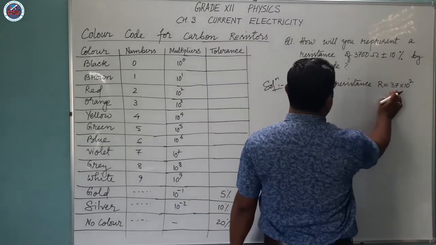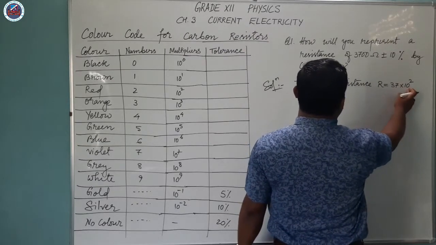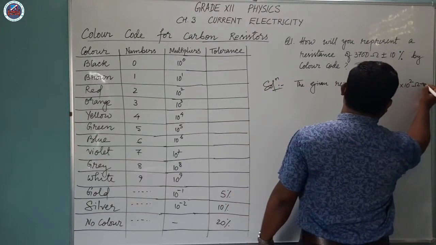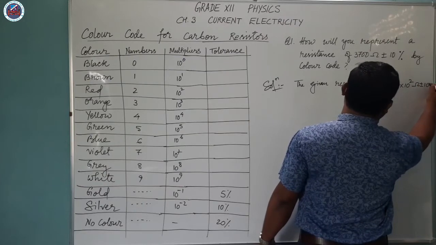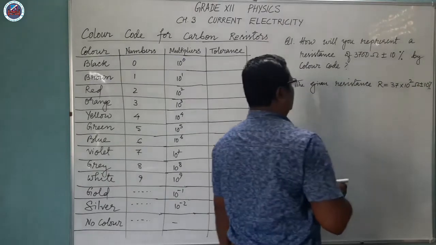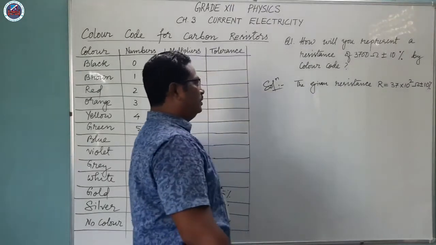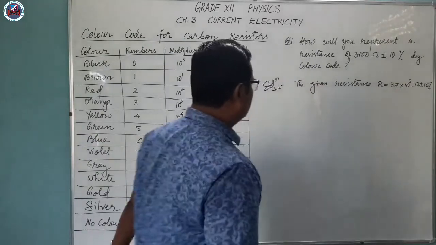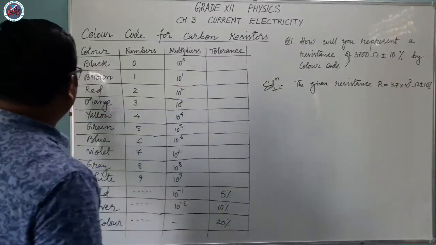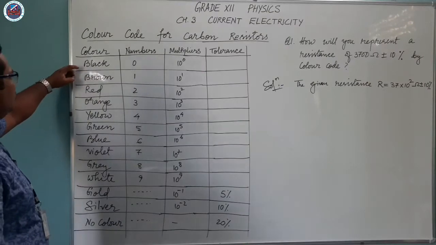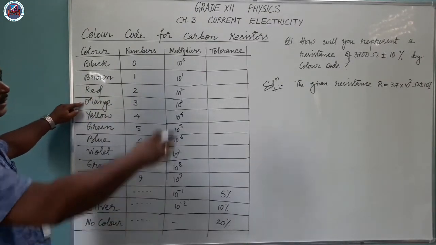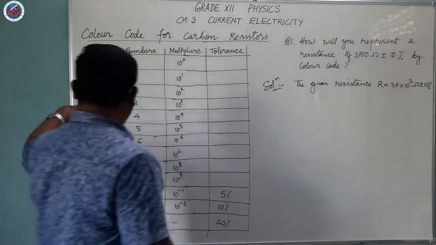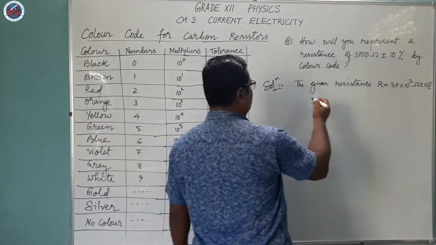Like this, first two digits you write, the third one will be your multiplier. 10 power here it is 2 ohm plus or minus 10%. After writing this, then you can refer to your table. 37, first two digit, the colors will be 3 is orange, then next one is 7. 7 is for violet. The first band orange, the second band is violet.